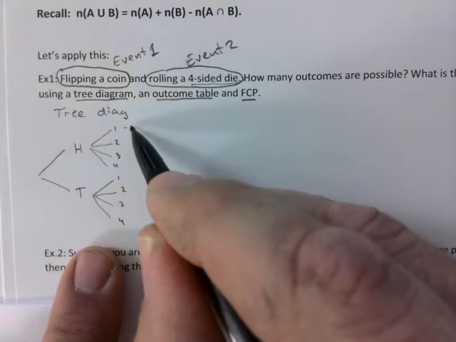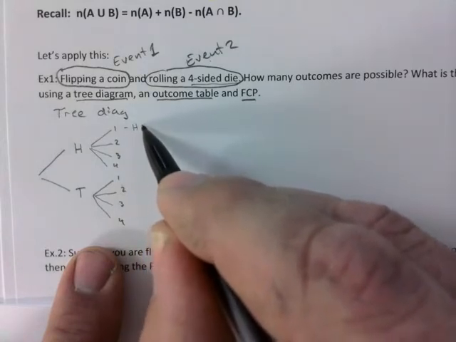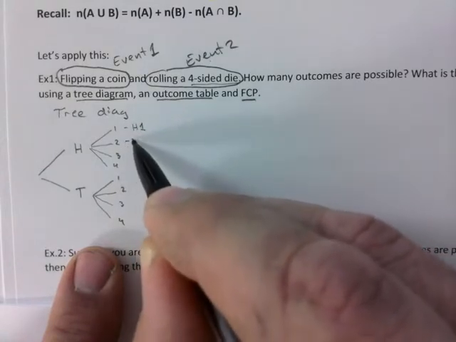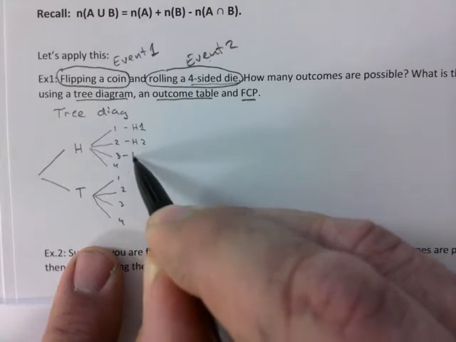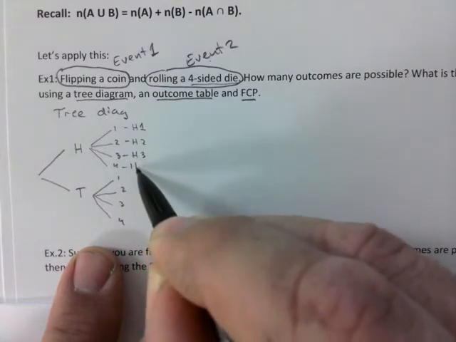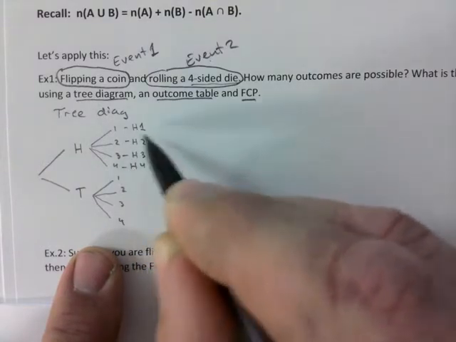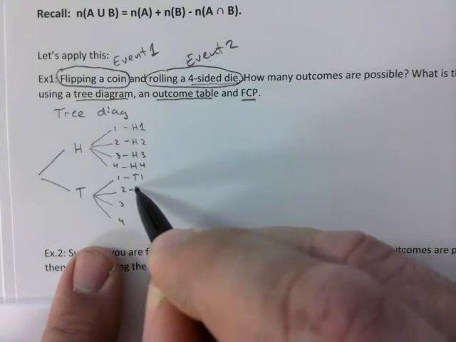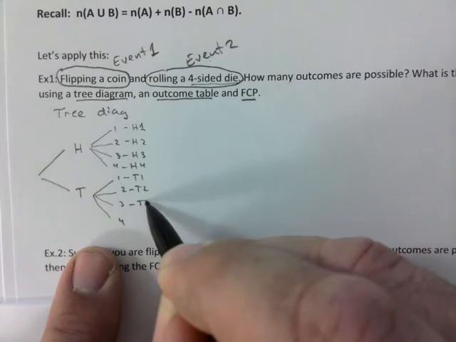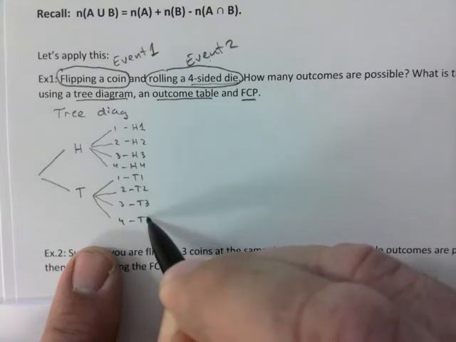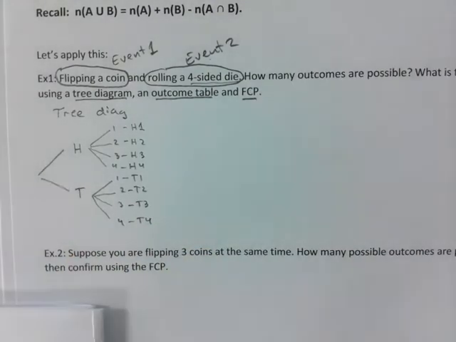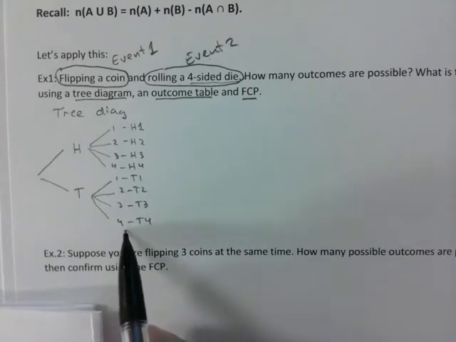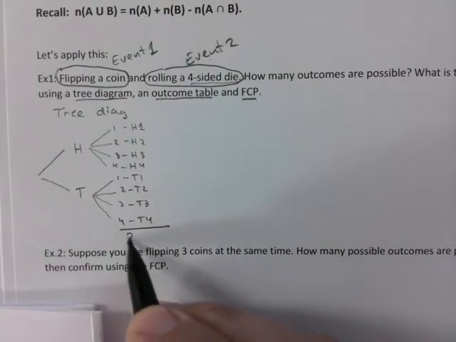Option number 1 would be to flip heads and get a 1, or flip heads and get a 2, or flip heads and get a 3. So this is actually stating your outcomes. The next ones would be tails 1, tails 2, tails 3, tails 4. So I will put a line underneath here. There are 8 outcomes.